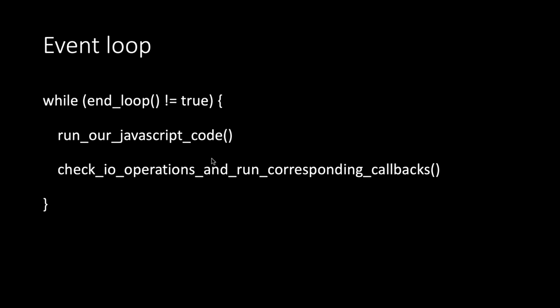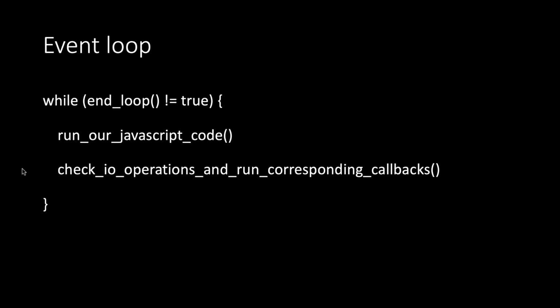For example, in our JavaScript code, we sent a request to get some data from the database server. In that case, Node.js started a network input-output operation and stored our callback for that operation. And on this line, it checks if that operation is ready. And if it's ready, Node.js calls our callback with the result of the operation.